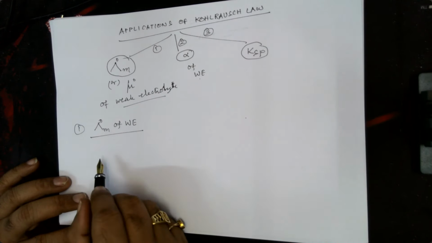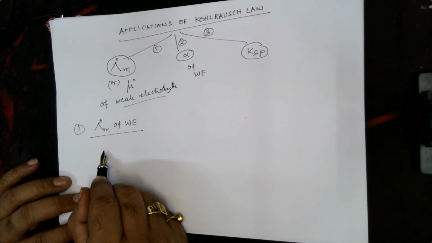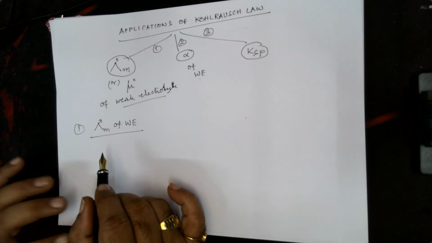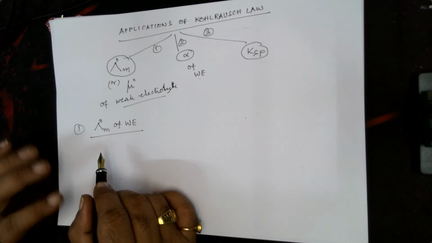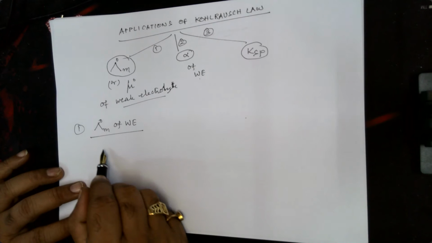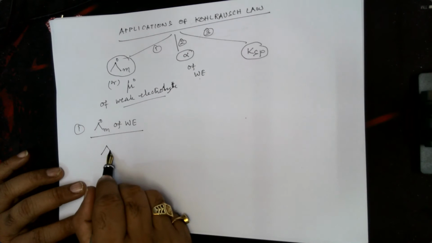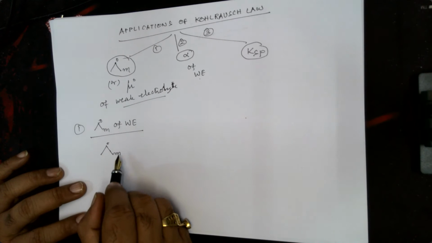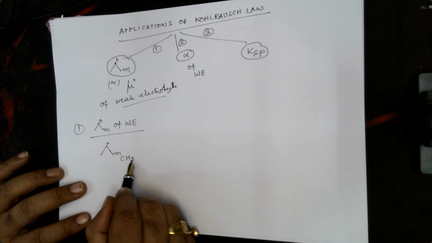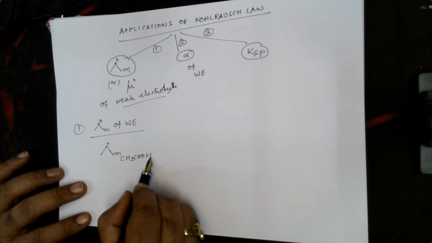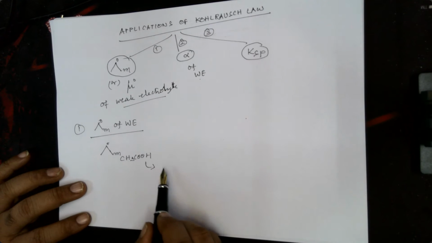So using the equation, for example, let us consider acetic acid. I am interested to find out the molar conductance of acetic acid. So this is a weak electrolyte.